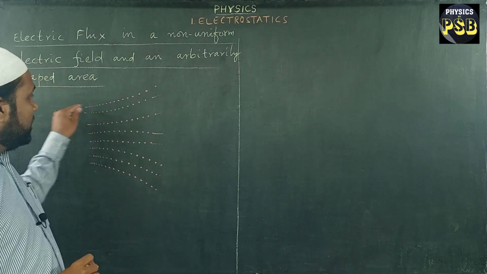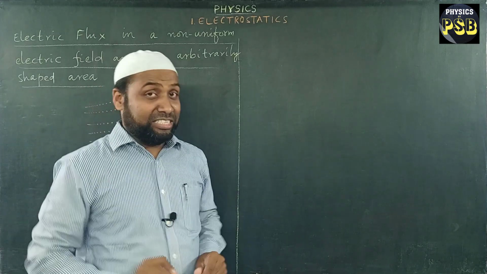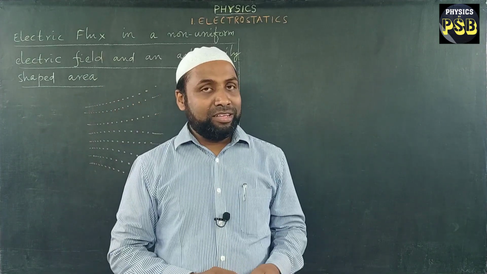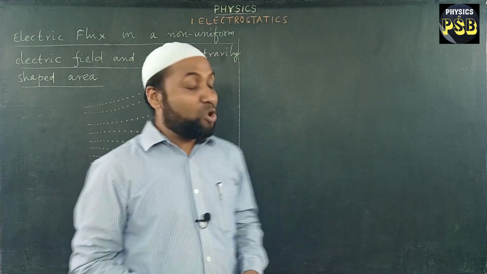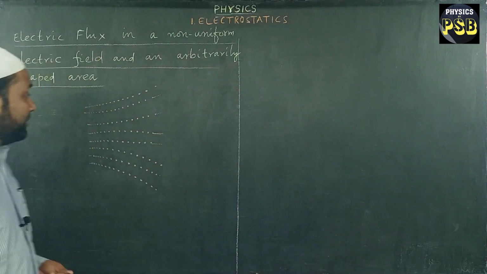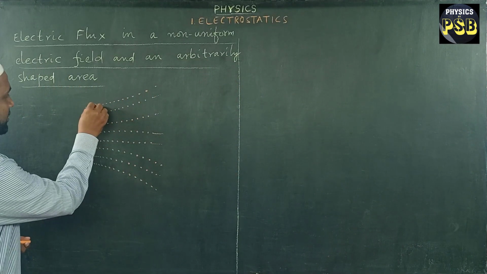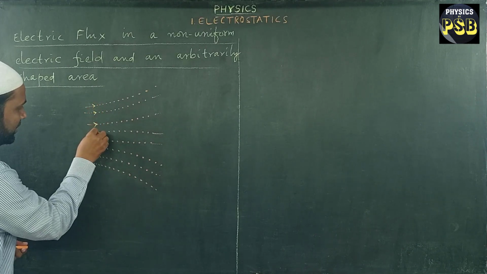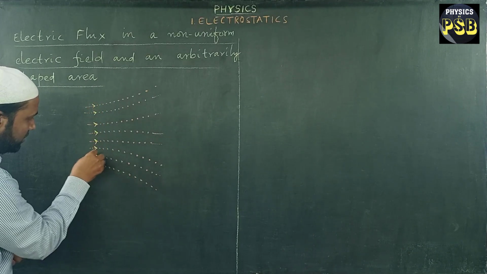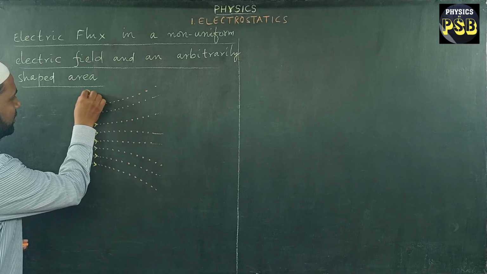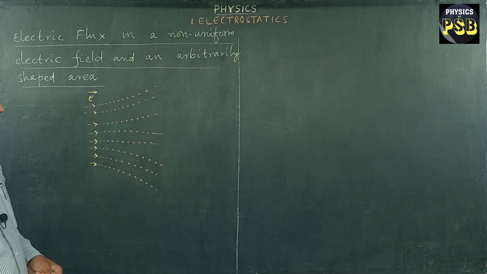Now, I have told you earlier, an electric field in which electric field lines are not parallel is referred to as a non-uniform electric field. Here, the arrow mark represents the direction of the electric field, E vector.